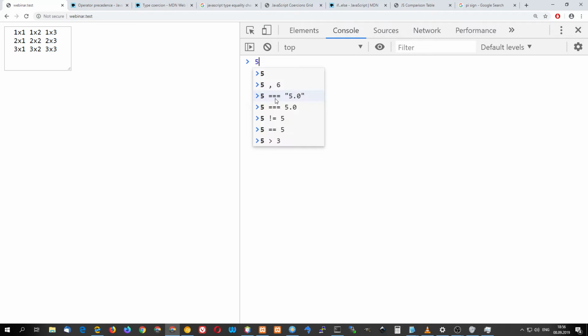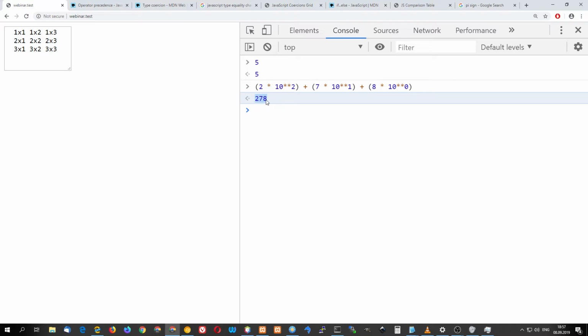So how do we convert 5 to base 2? Well, the same way we handle 278. What does this mean? If I divide it by 10, the remainder is going to be 8.